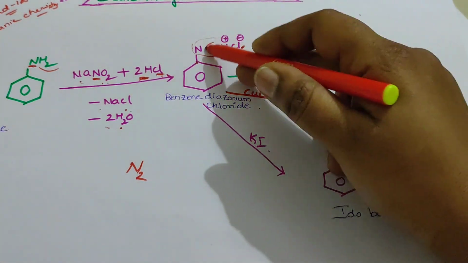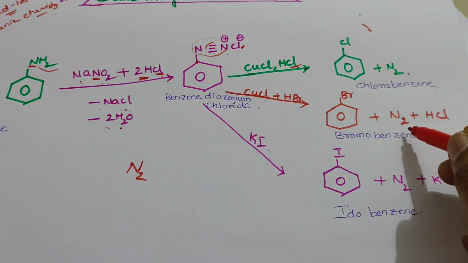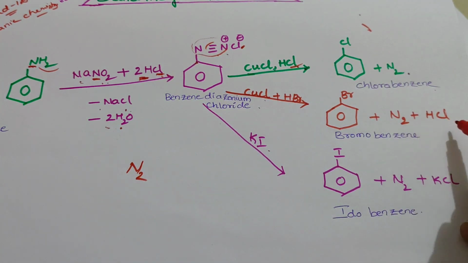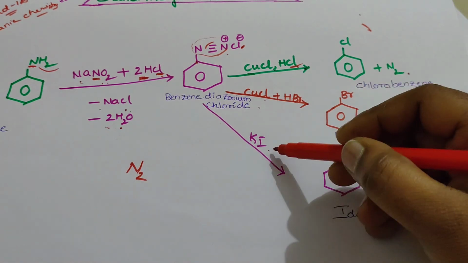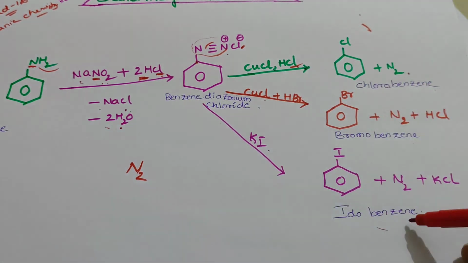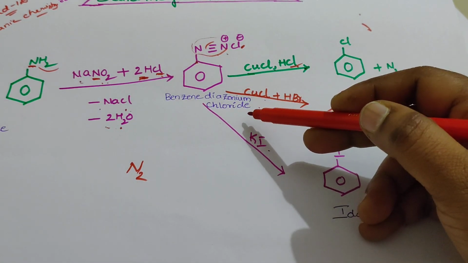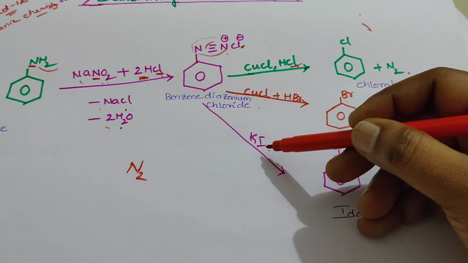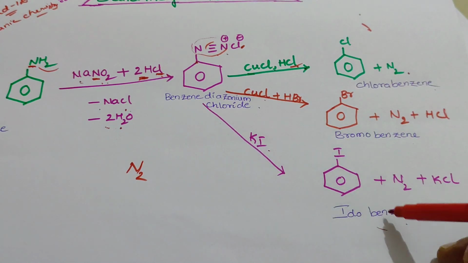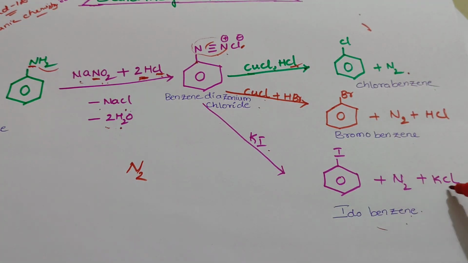The diazonium nitrogen will be removed in the form of nitrogen. With potassium iodide, benzene diazonium chloride reacts to produce iodobenzene, N2 and KCl.